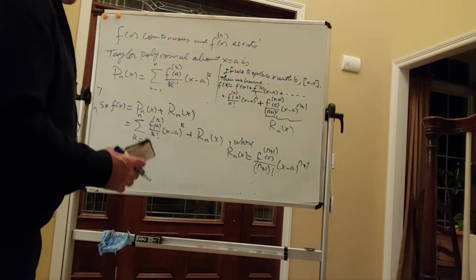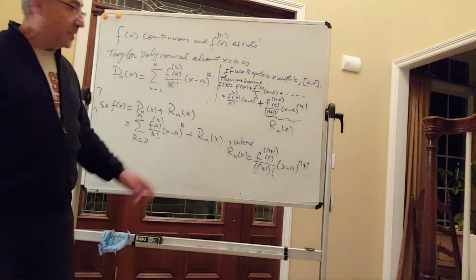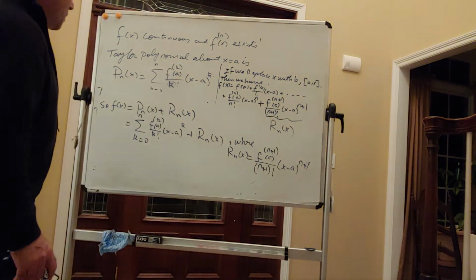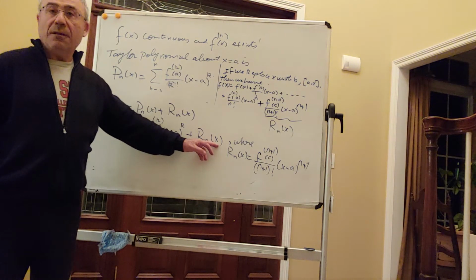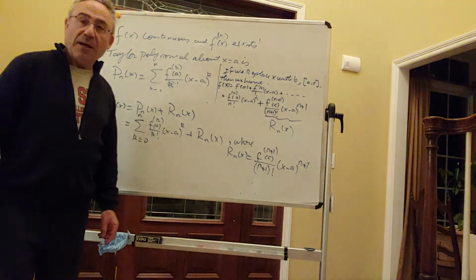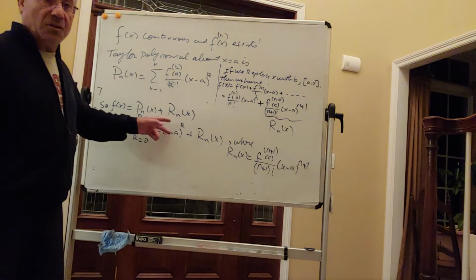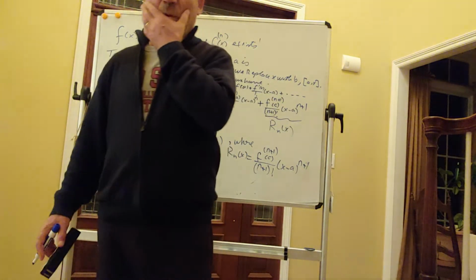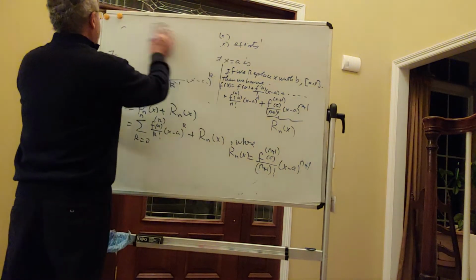So if we can show that the limit goes to 0 as n goes to infinity, then we are done. If R_n converges for all x, that means the limit exists for all x and has to be 0. Then the series will converge for all x on that interval. So this is the Taylor polynomial.